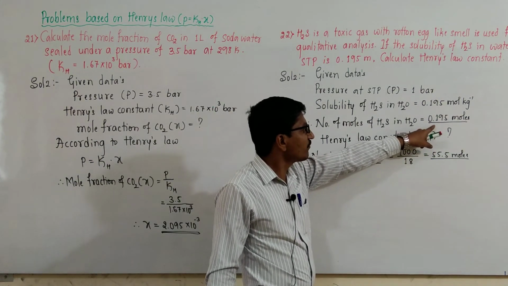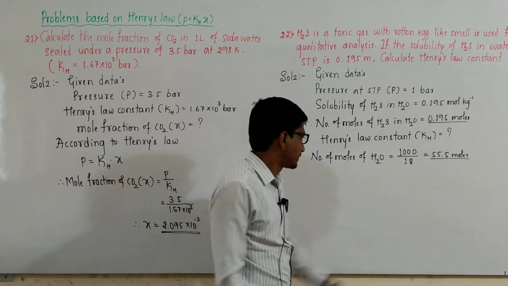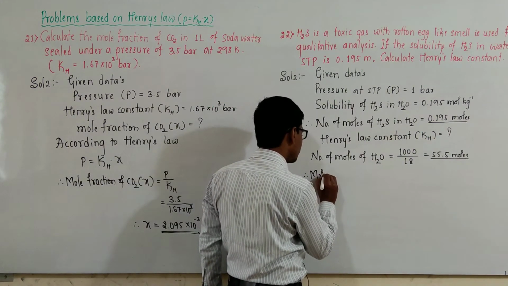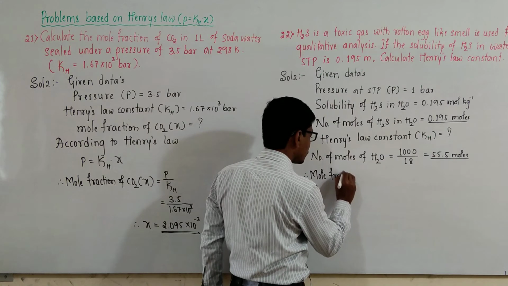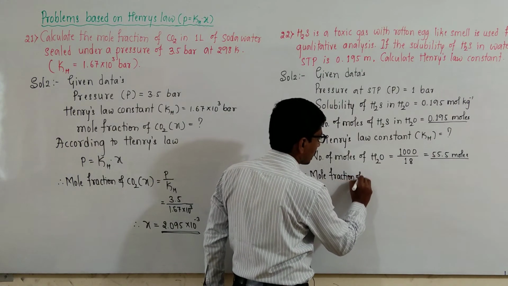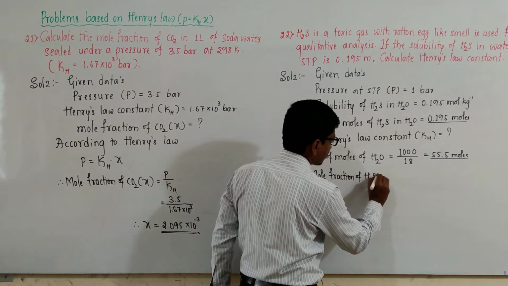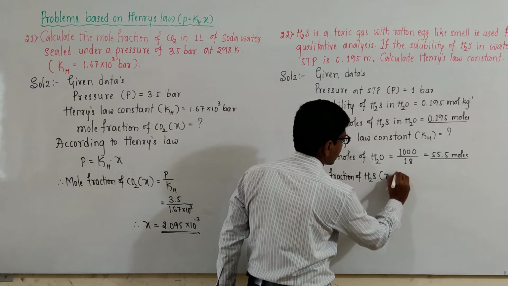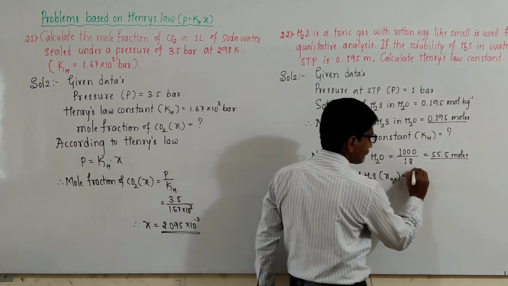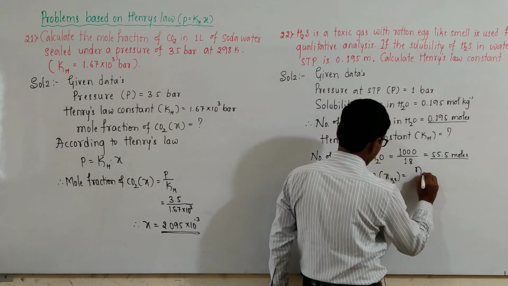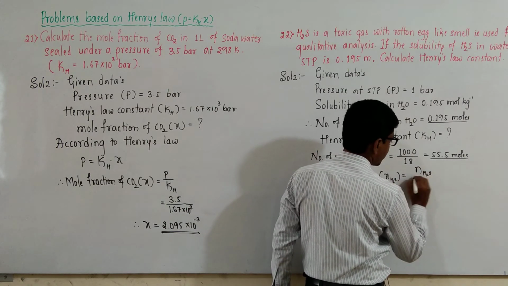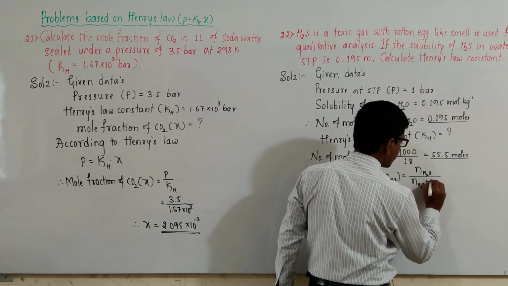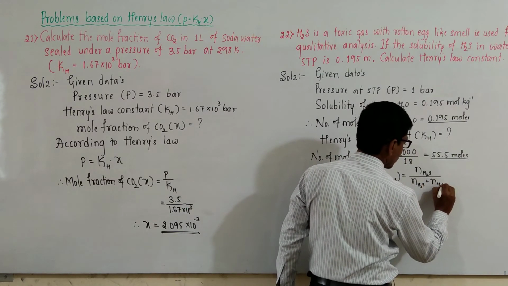Then the number of moles of H2S. Therefore the mole fraction of H2S, XH2S, is equal to NH2S divided by NH2S plus NH2O.